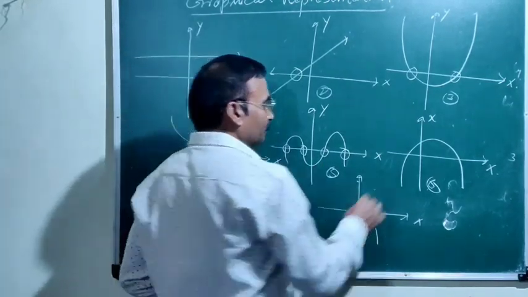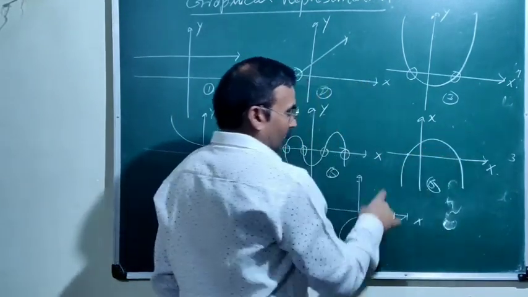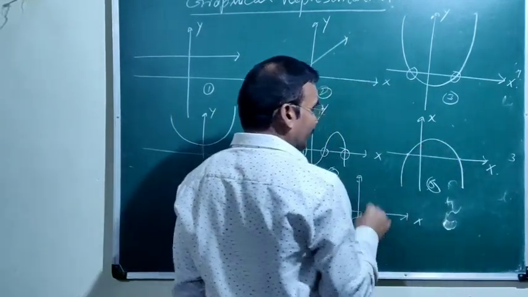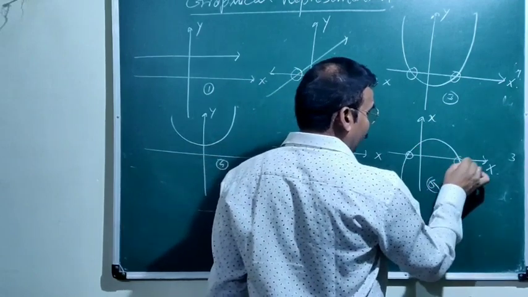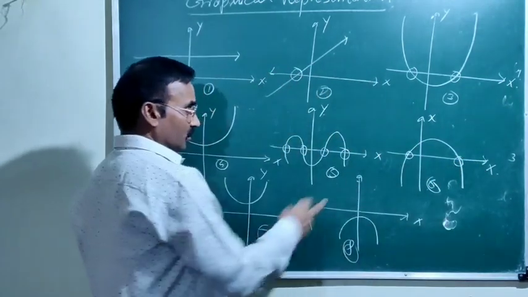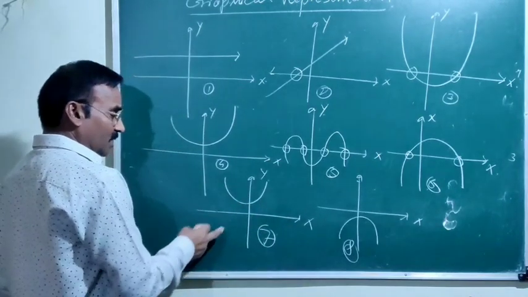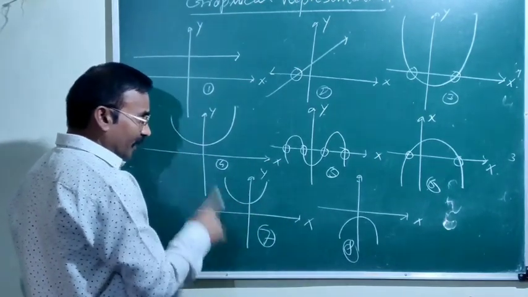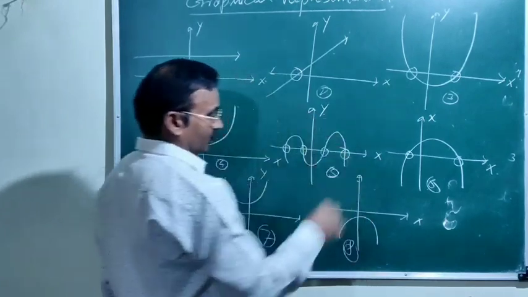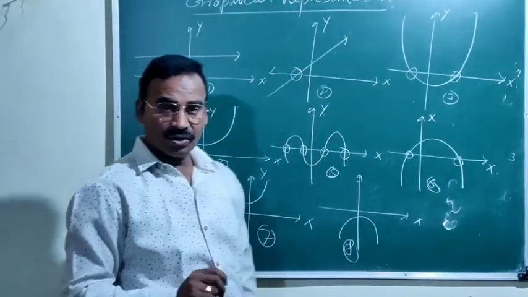Okay, thank you. Okay, next. This curve intersects at 2 points. This is also called a quadratic polynomial. So there are 2 zeros here. There is no intersecting point, so there are no zeros. Is that clear? Okay.